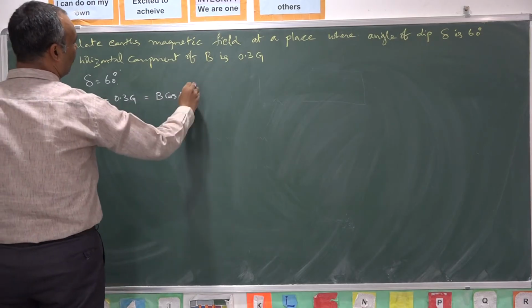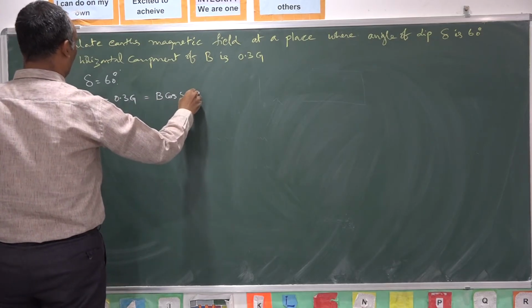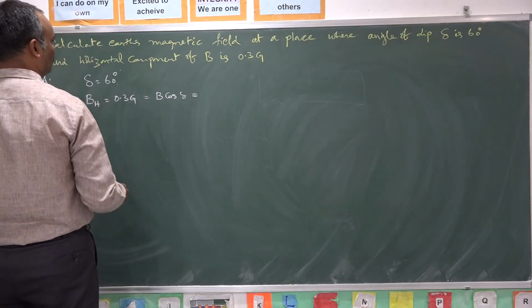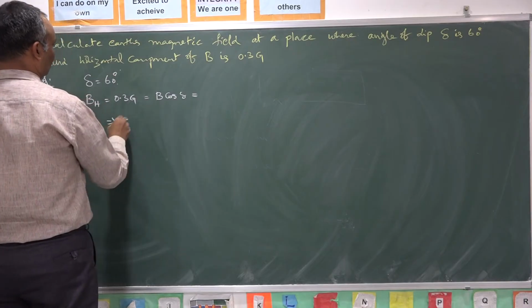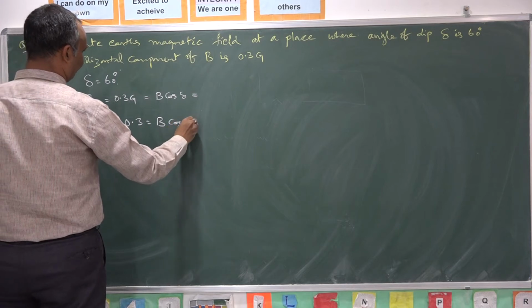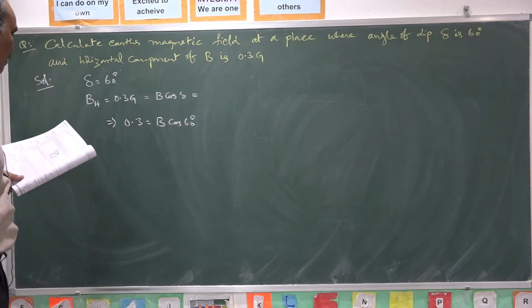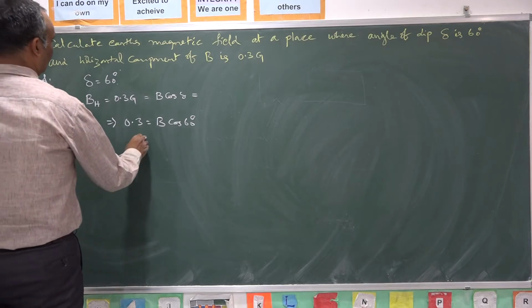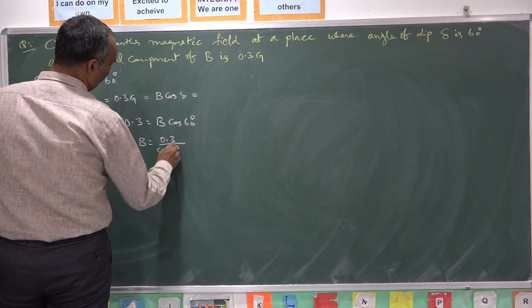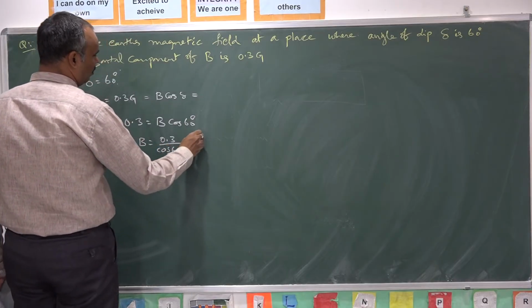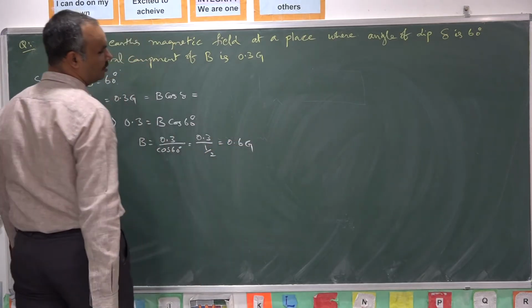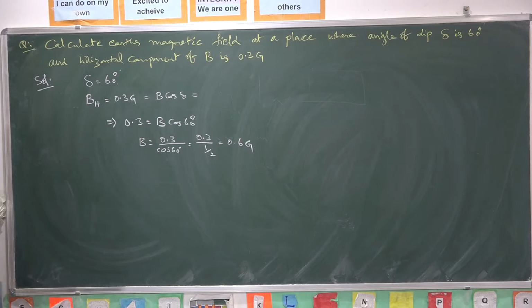B cos delta is equal to 0.3 G. That implies 0.3 is equal to B cos 60. Then B is equal to 0.3 by cos 60, 0.3 by 1 by 2, 0.6 Gauss. Very simple solution it is.